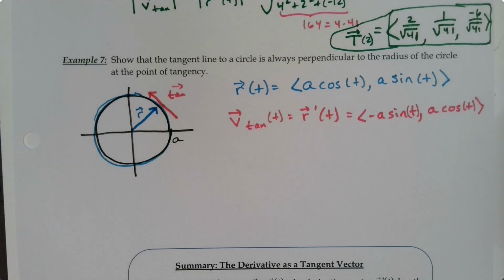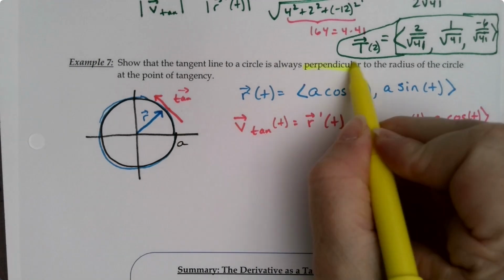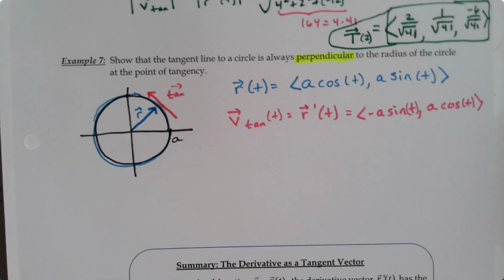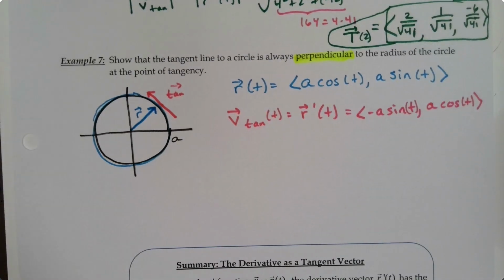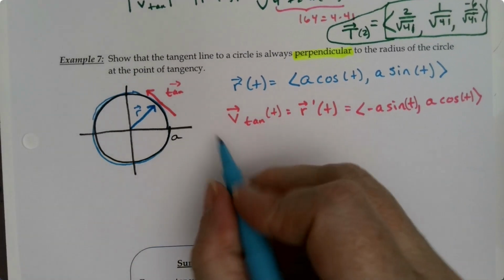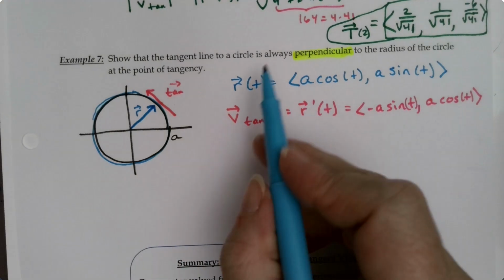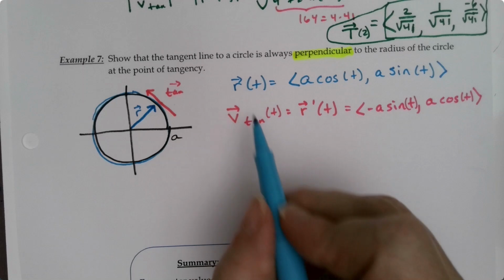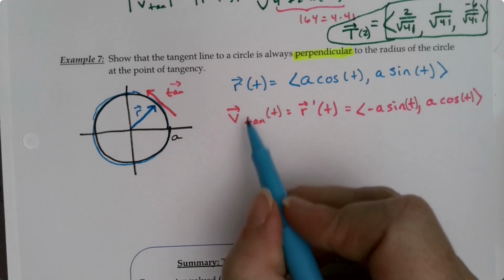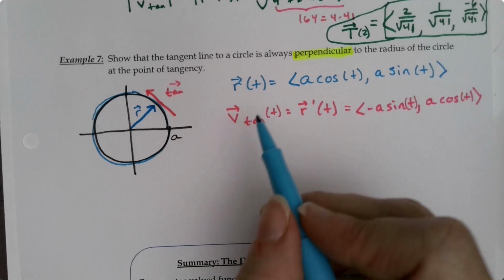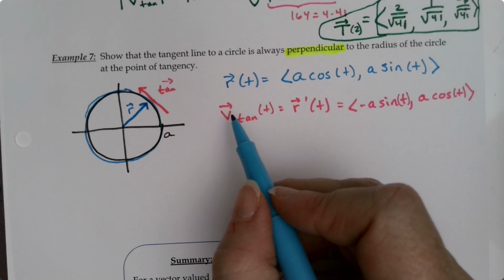Now, how do I prove that they're perpendicular? For that, you have to remember something we learned several sections ago: if r is perpendicular or orthogonal to the tangent vector, then when you take the dot product of their direction vectors, you get 0.